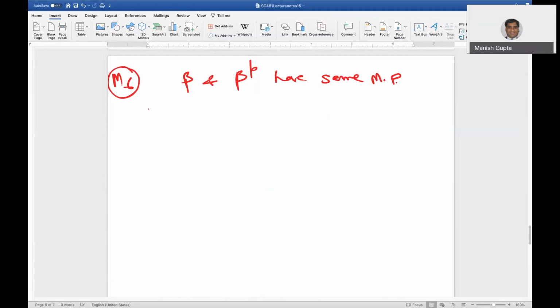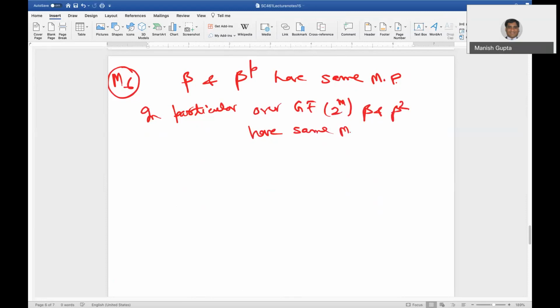In particular, over the binary field, beta and beta square have the same minimal polynomial.